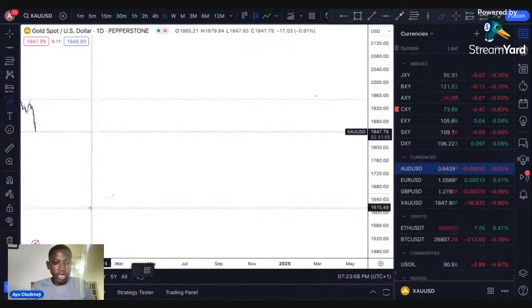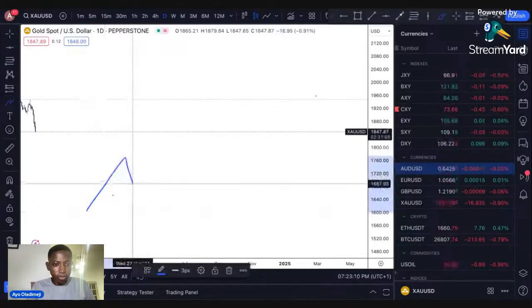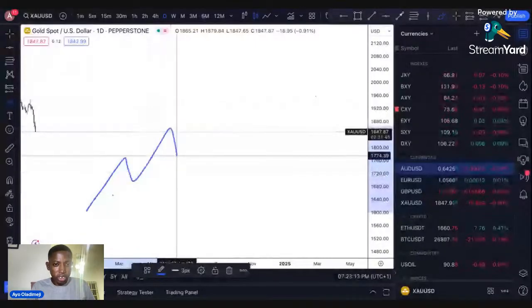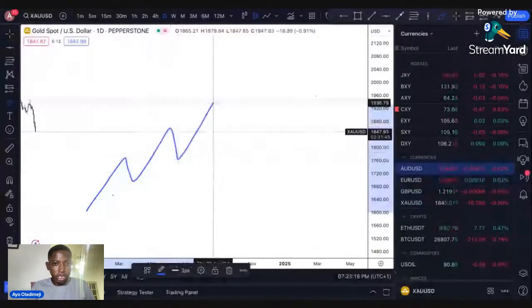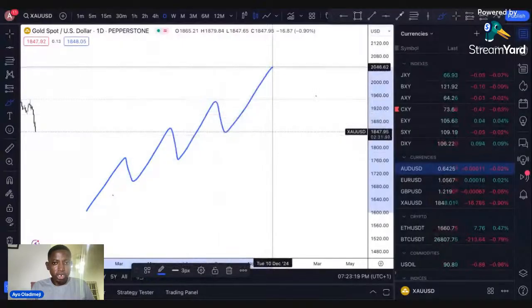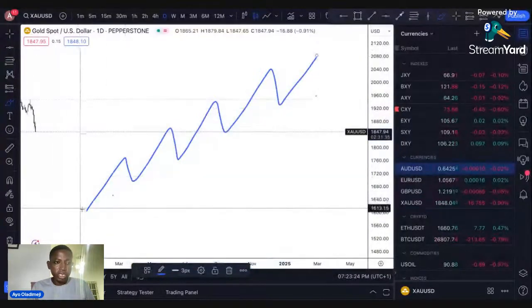If it's a trend, you will have something like this: impulse, correction, bullish impulse, that is a buy impulse, a correction, a buy impulse, a correction, a buy impulse.